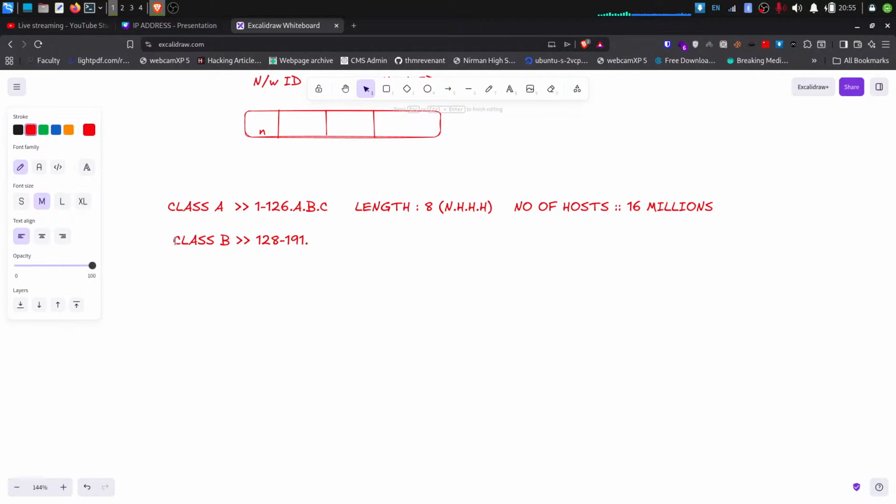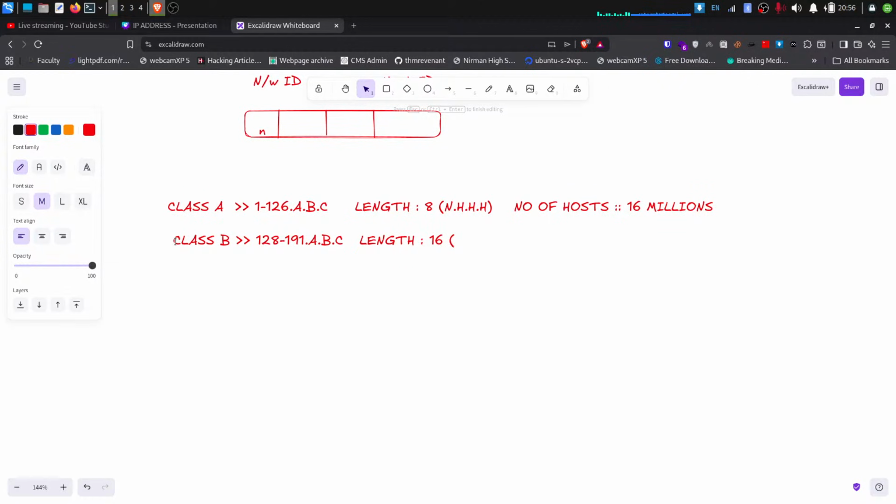Okay. And the remaining are the things we have. So the network length, or we can say the length here, would be 16.